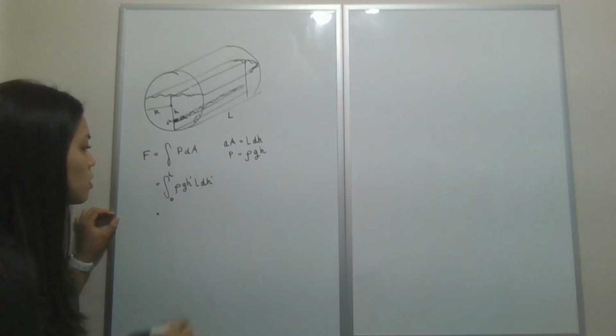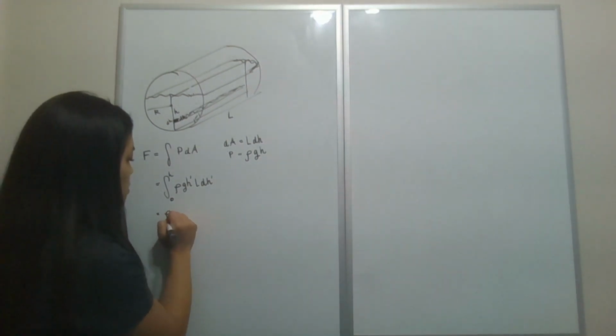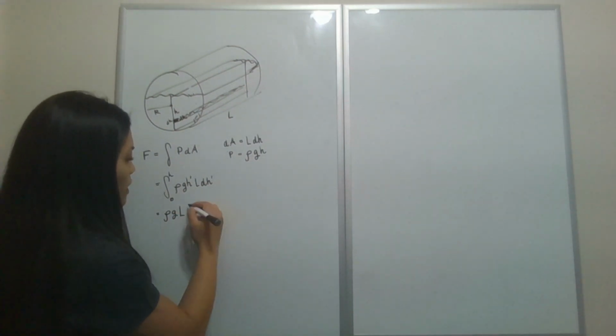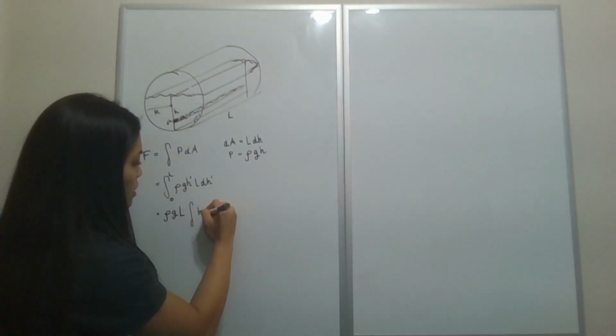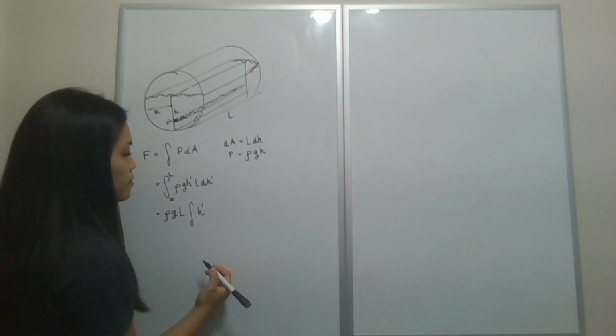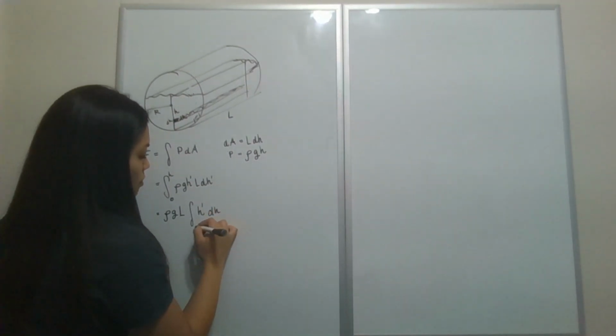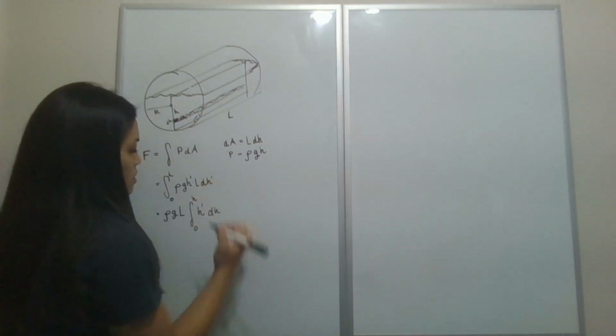Solving the integral, we can take the constants out. The constants are the density, the gravitational acceleration, and the length. That leaves us with the integral of the height times the differential height from 0 to the height of the fluid.